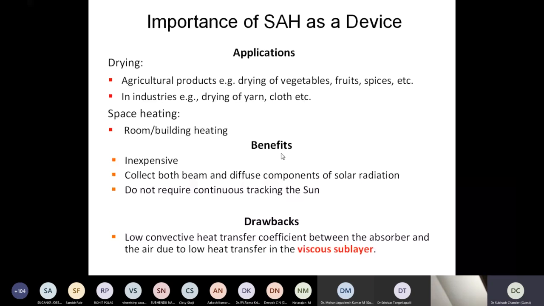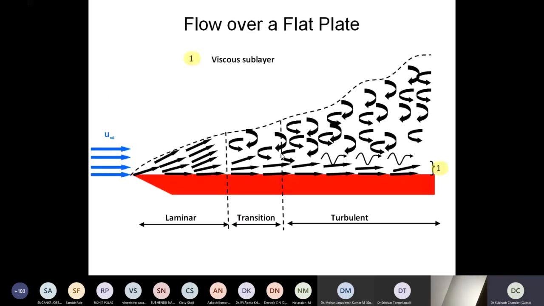So this is how the flow over a flat plate behaves, and the same situation will prevail over that flat absorber plate. There is a flow coming at the entrance to the duct, and because of some instabilities when it moves along the length of the duct, some perturbations ultimately result in turbulence, right?